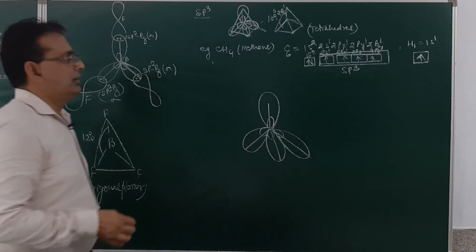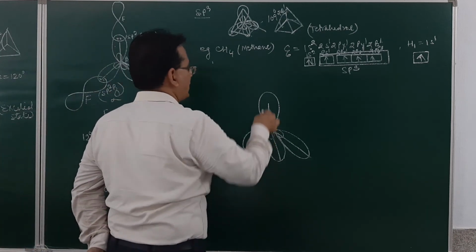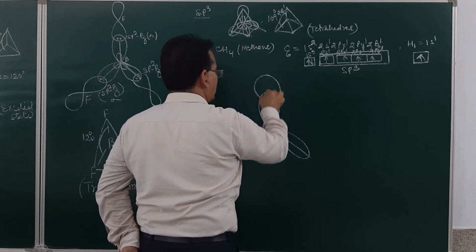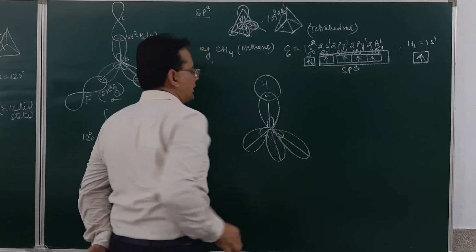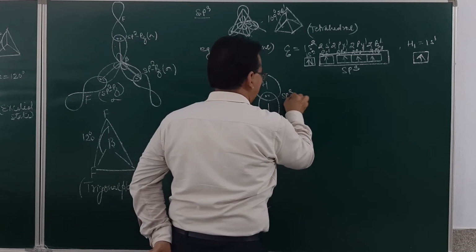The hydrogen atomic configuration is 1s1. Now there are 4 hydrogen atoms. One hydrogen atom will orient itself in this manner. It is spherical in shape and this will be an sp3-s sigma bond.